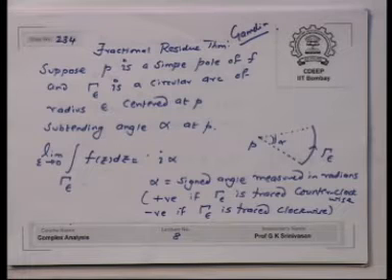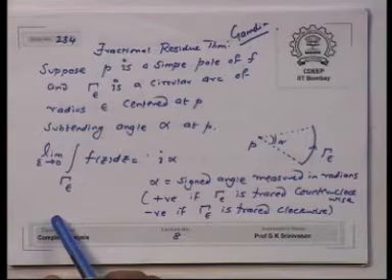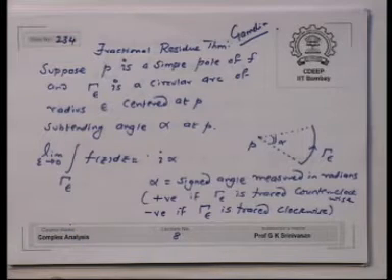How do you prove it? Let rho be the residue. How does f(z) look? f(z) is rho by z minus p plus g(z). So, the integral of f(z) dz over gamma epsilon is the integral of rho dz upon z minus p plus the integral of g(z) dz over gamma epsilon. The integral of g(z) dz will go to 0 because g is analytic, so it is continuous, and so you are left with dz. dz is epsilon i e to the power i t dt, and epsilon is going to 0.